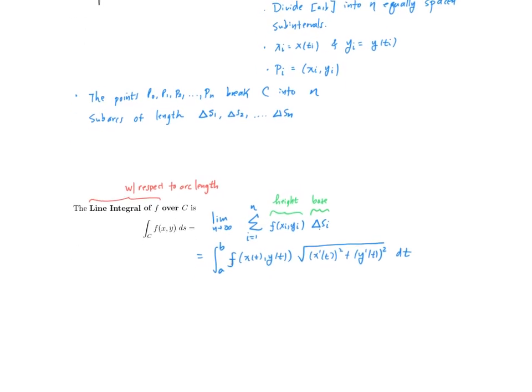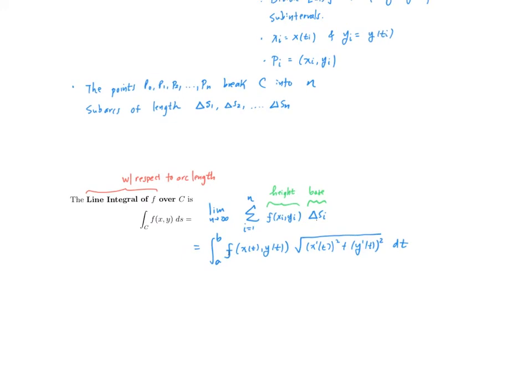Now at the top of the next page in the note packet, there's space for an observation, and because I'm dealing with, in a sense, unlimited space on my tablet, I'm going to go ahead and make the observation directly with this formula. Typically, we will refer to this delta s sub i portion turning into a ds, and I just want to note that if we have our r of t, the parametric description of our curve, represented as a vector-valued function, then the quantity in front of that dt is a familiar one.